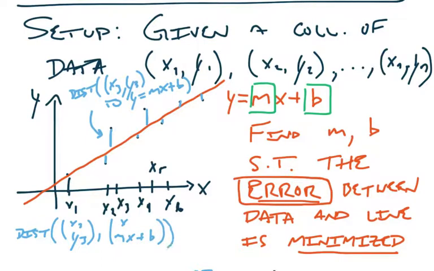Now here's the really important part. In looking only at that vertical distance, that blue vertical distance there, that means that I know what x is, right? I know exactly what x is there. It's x3 again. The only thing that's changed is the vertical displacement, which is given by mx3 plus b.